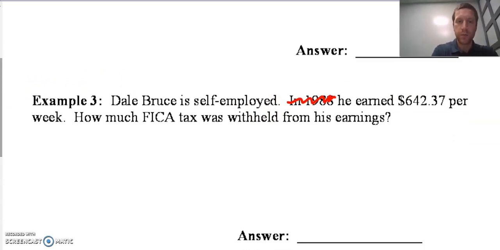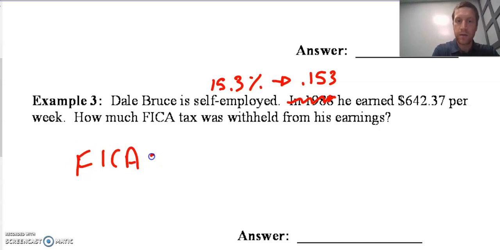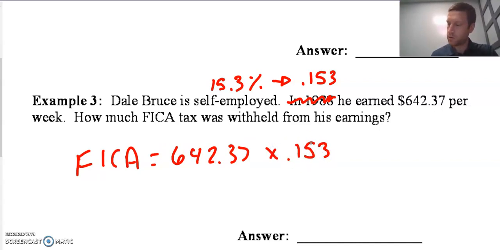So again, self-employed, we're going to use 15.3%, which when I divide that by 100 gets me 0.153 as a decimal. So FICA is equal to that 642.37 multiplied by 0.153, and I get 98.28.